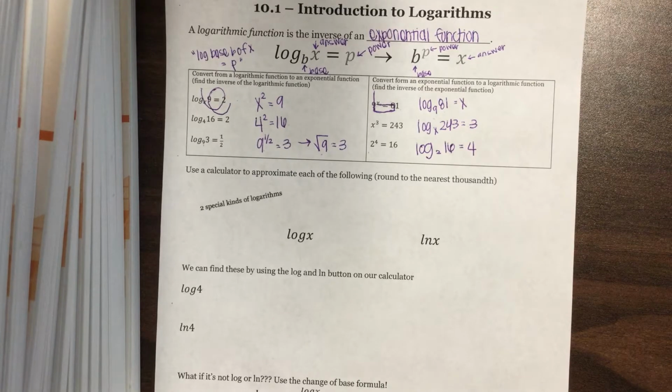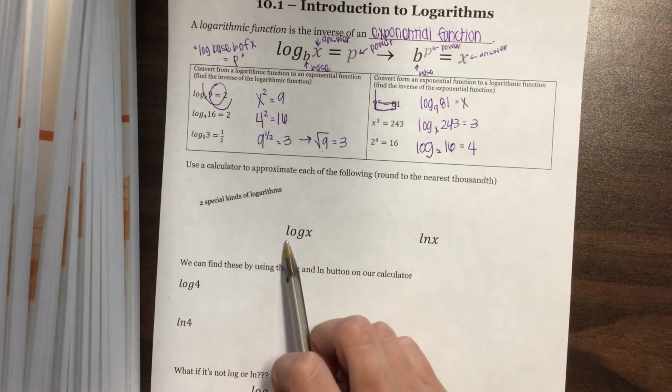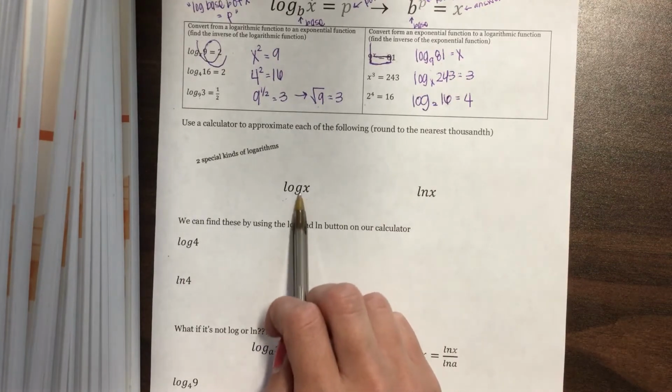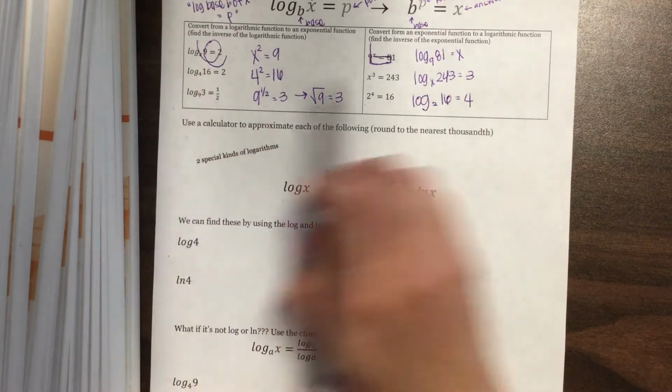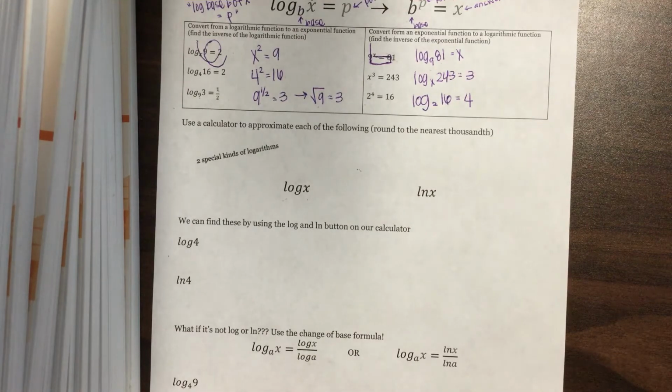Okay, so there's two special kinds of logarithms. So log of x. This doesn't have a base like these did. See how these all had bases? So if it doesn't have a base and it just says log of x, you assume that the base is 10.